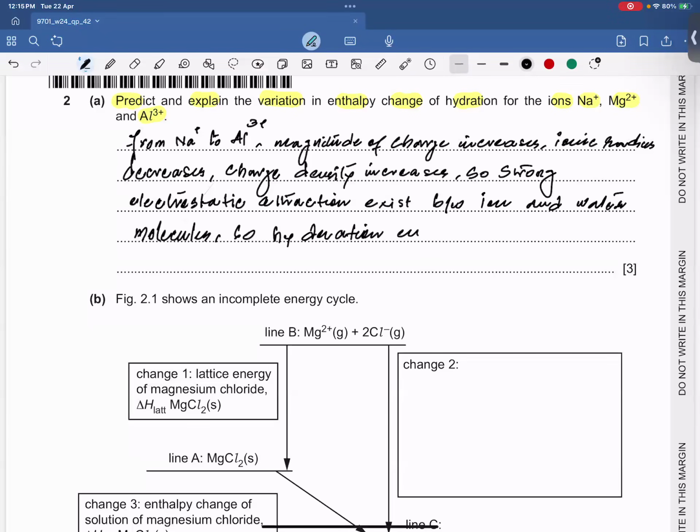So hydration enthalpy becomes more exothermic. In general, we conclude higher the charge density, higher the hydration enthalpy. Lower the charge density, lower the hydration enthalpy.